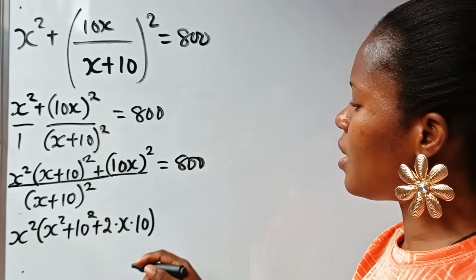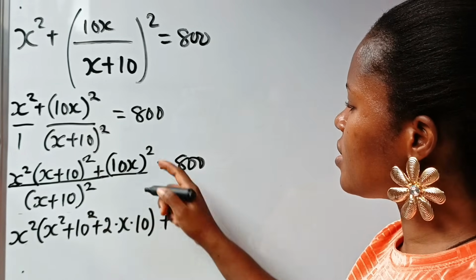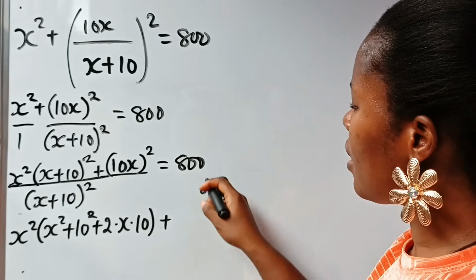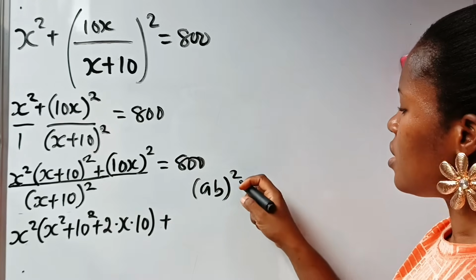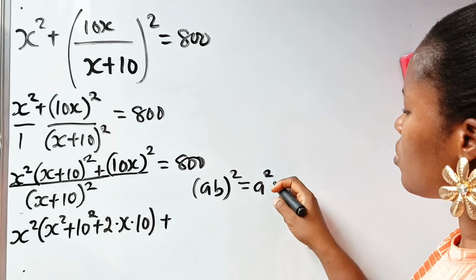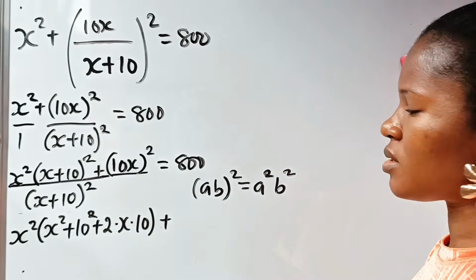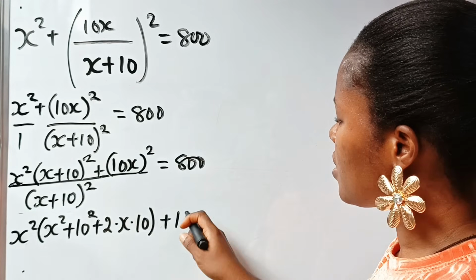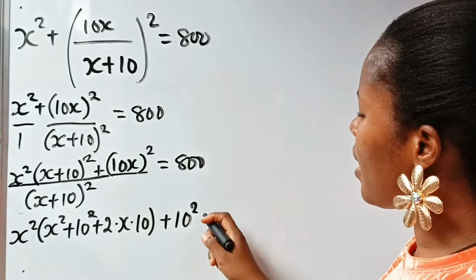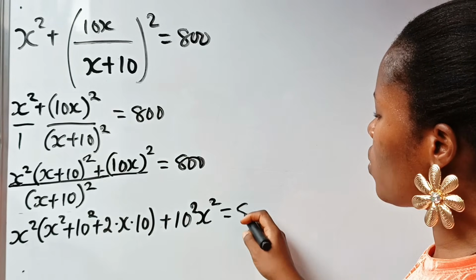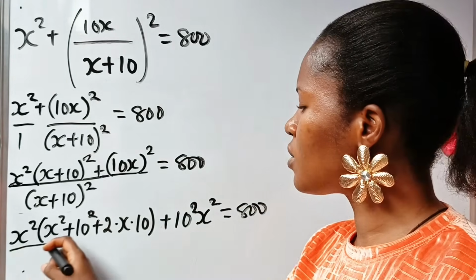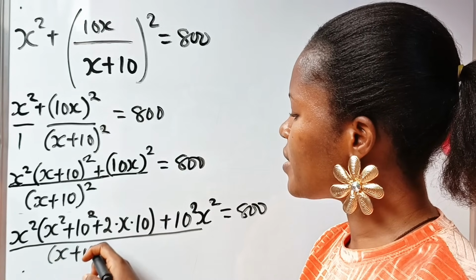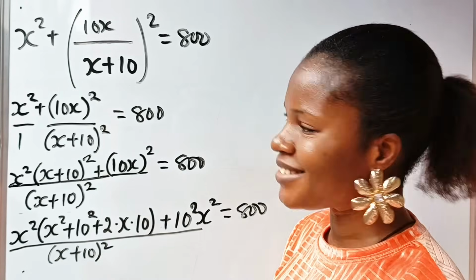We have expanded this, then plus 10 squared, because ab all squared is equal to a squared multiplied by b squared. So this is 10 squared multiplied by x squared is equal to 800, and all this is divided by x plus 10 to the power of 2.